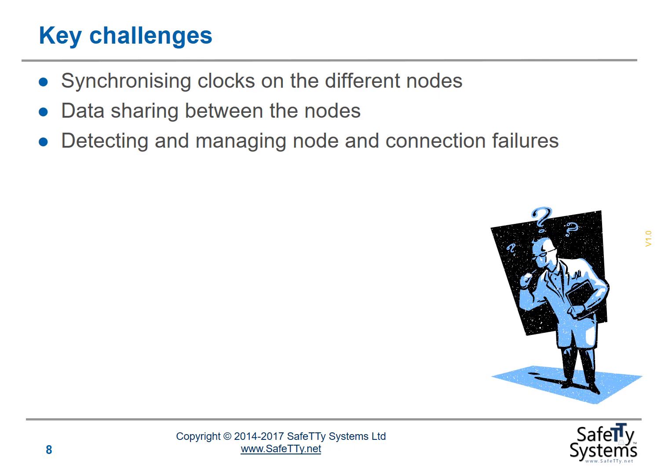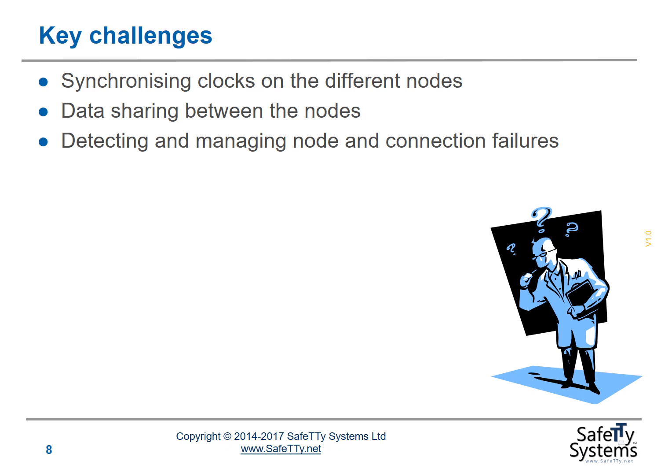Let's start with the fully synchronous design option. Suppose we want to take two or more processors and we want to synchronize the activity on those different processors. These are three key challenges that we face. We need to synchronize the clocks on the different nodes. We need to share data between the different nodes, and we need to detect and manage node and connection failures.